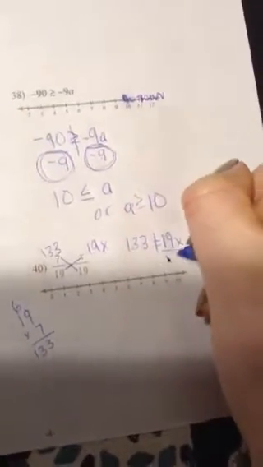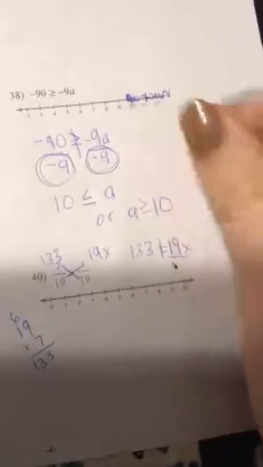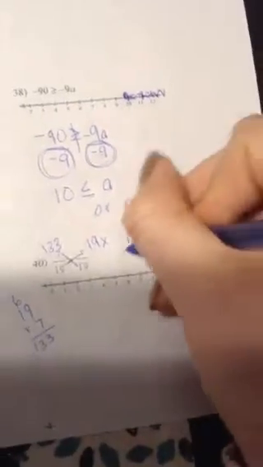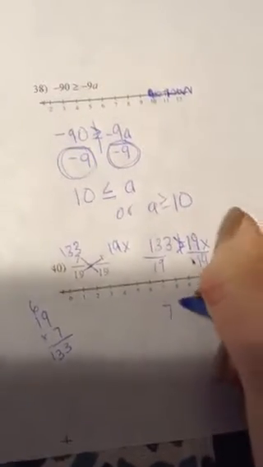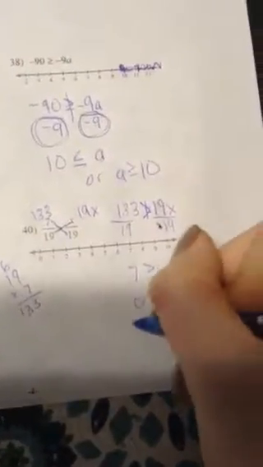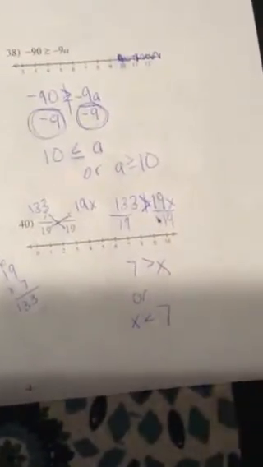Divide each side by 19. And then I shouldn't have used an equal sign here. It was a greater than sign. So then I get 7 is greater than x, or x is less than 7. So I put an open circle on the 7 and shade this way.